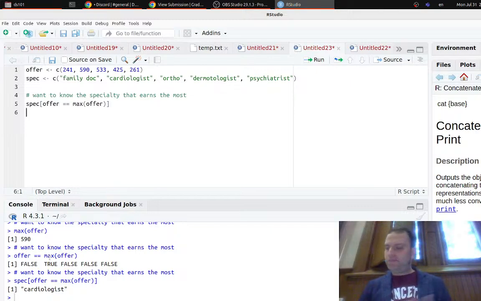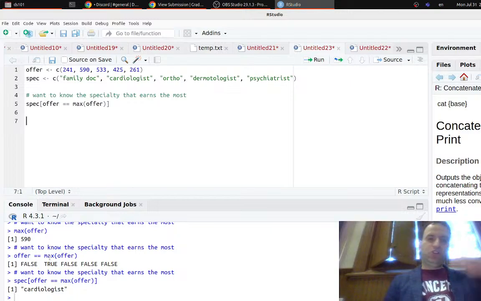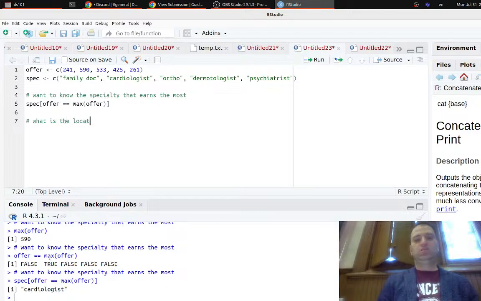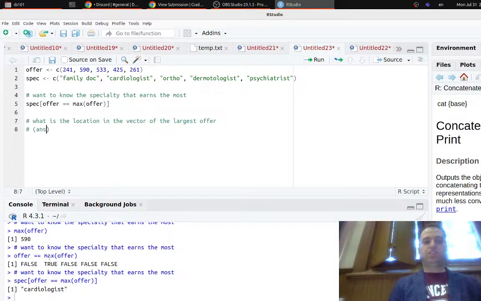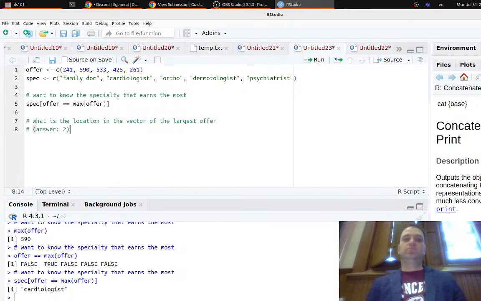So you might like to know what is the location in the vector of the largest offer. The answer is 2. So how do you get the 2? Here's one way.